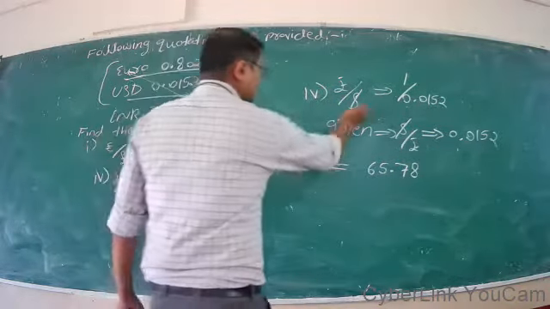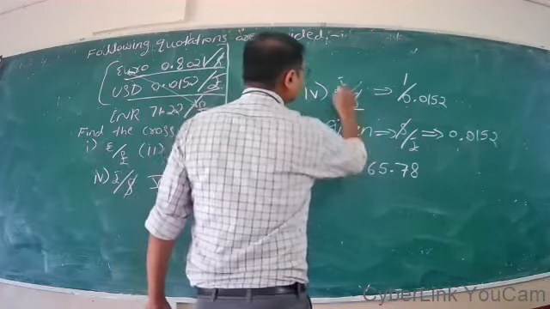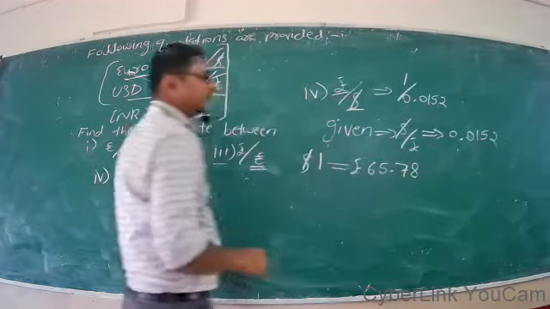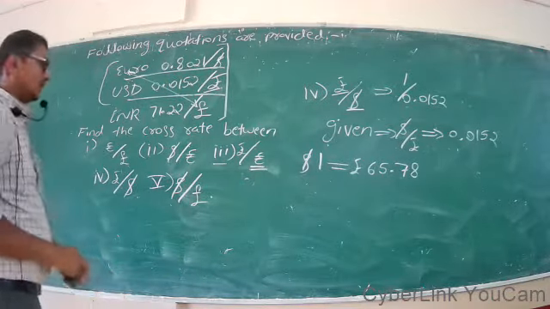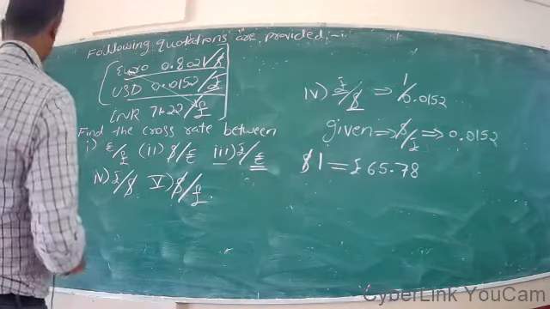So the denominator dollar 1 equals numerator rupee 65.78, right?